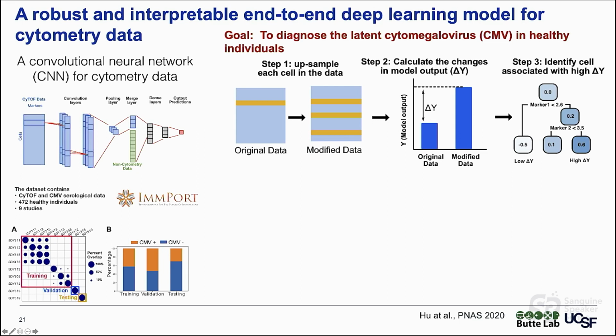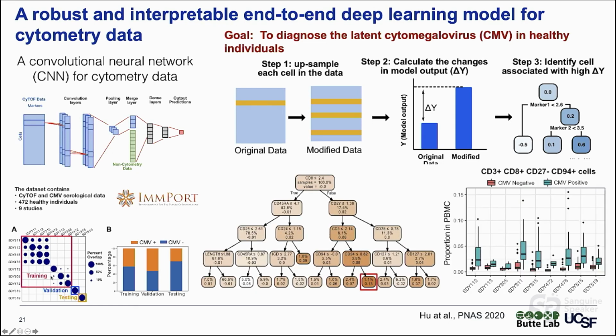And so we did this based on a decision tree that we use to interpret the output from the CNN model. And the CNN model actually identifies the association between the immune cell subsets and the CMV infection.